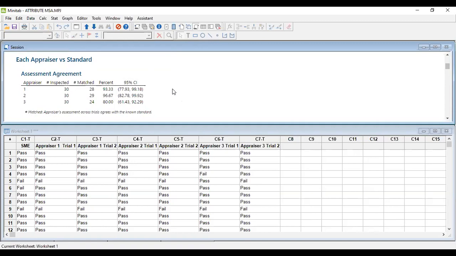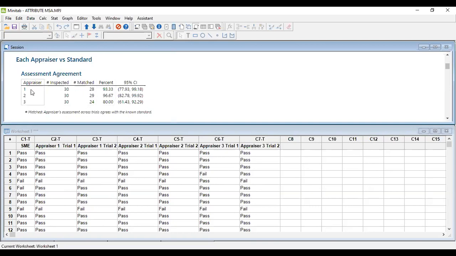Right, absolutely. So you're going to see that right now. So now this is a tab to look for accuracy. The SME says fail and the appraisers all say pass, which means there's an accuracy issue on this particular part number, right? Now, each appraiser versus standard.